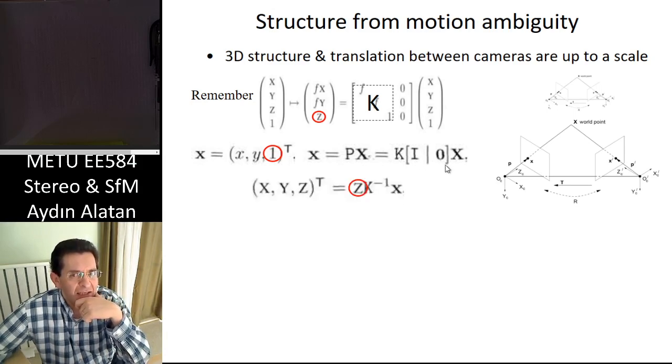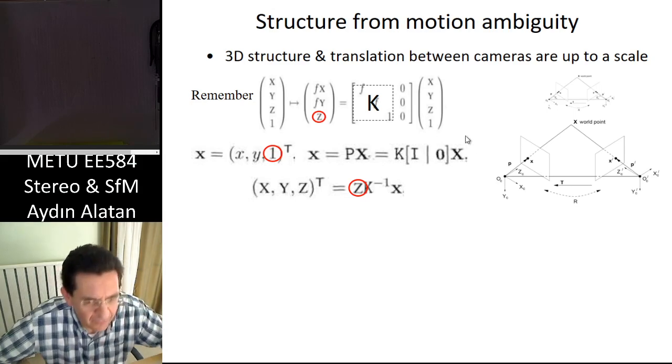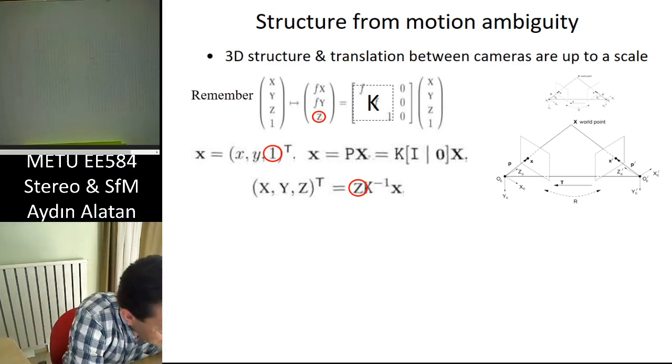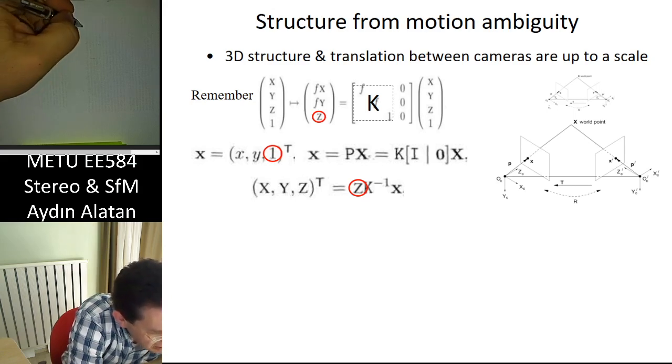Now, if you simply multiply X, Y, Z, 1 with this identity and 0, the last element will disappear, and you will obtain K times X. Therefore, if you multiply K, identity, 0 with X, Y, Z, 1, the result here is K times X, Y, Z.